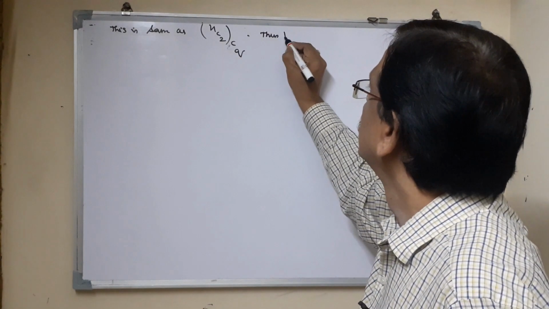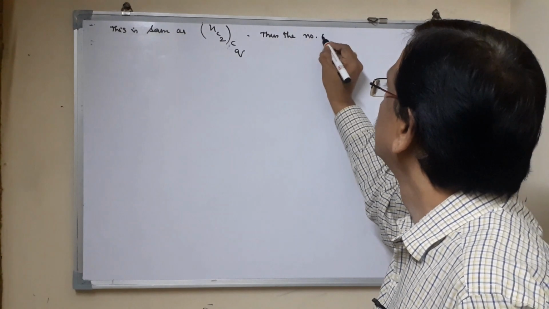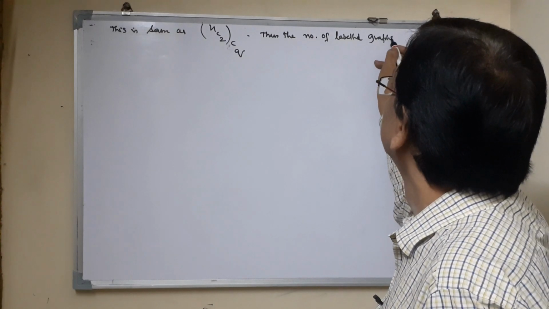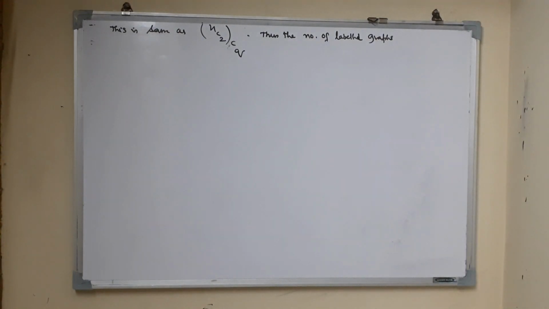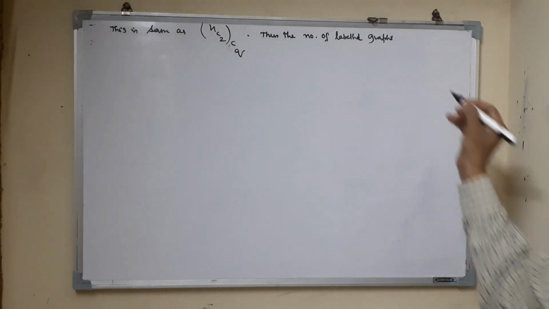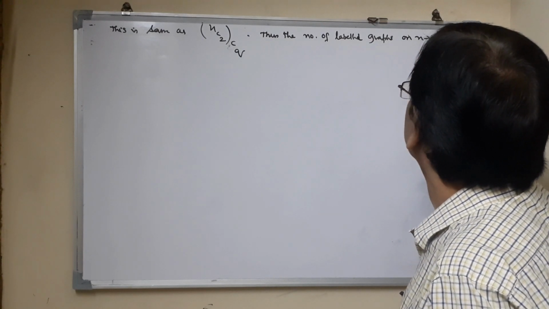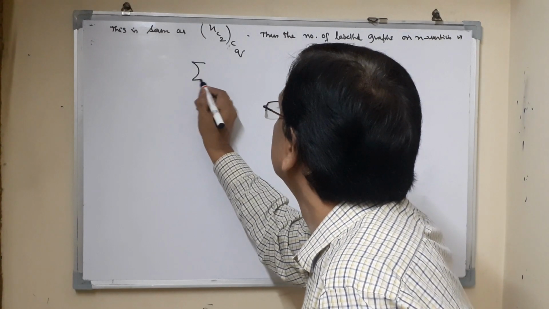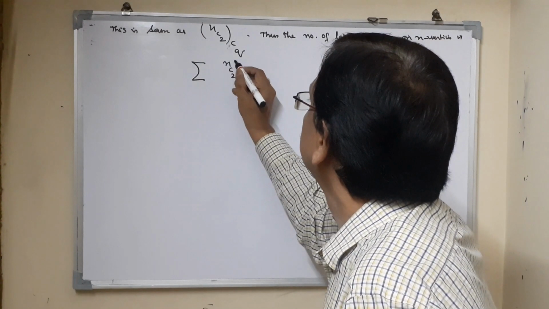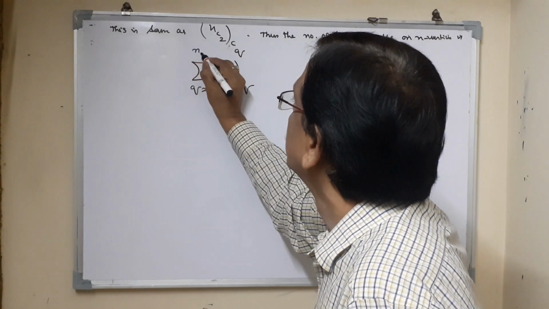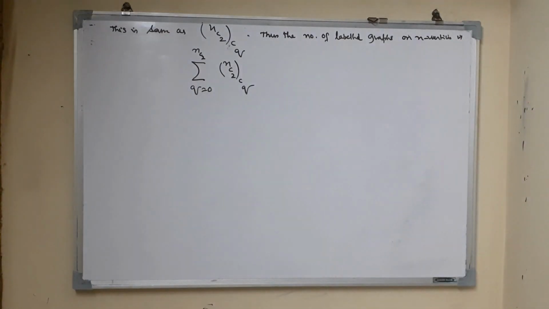Thus, the number of labeled graphs on n vertices is the summation of nC2 C q, where q runs from 0 to nC2, because I have already chosen the edges.